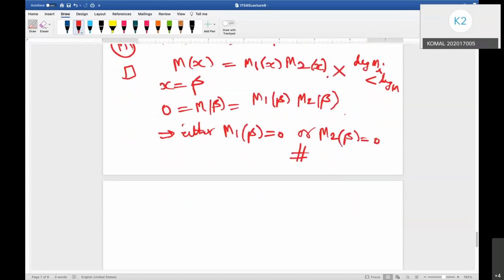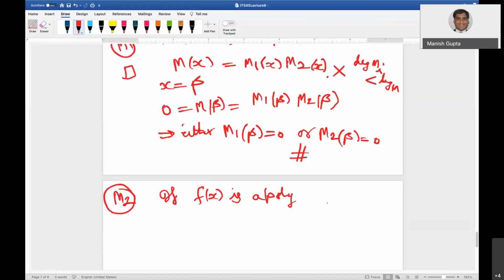Second property हम mention करना चाहेंगे, which is also very interesting and very important one actually, that if fx is a polynomial, suppose कोई एक polynomial है fx, जिसके कोफिशिएंट GFP में है, मतलब ग्राउंड फील्ड में है. ठीक है, okay, such that beta is a root of this polynomial. So I can say that such that f of beta is equal to 0.